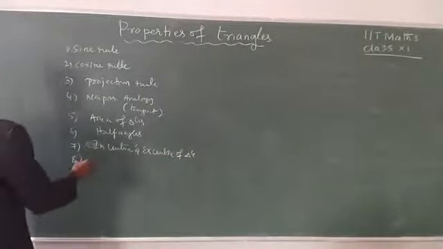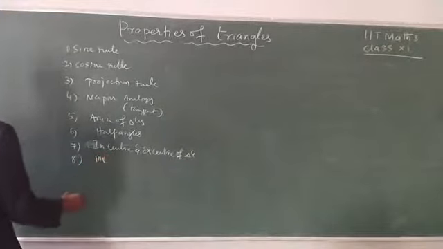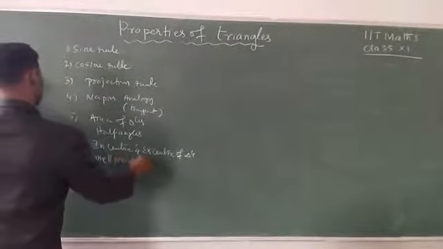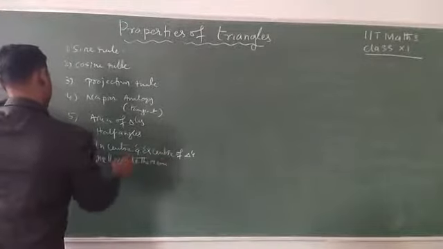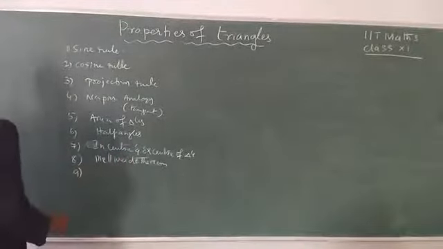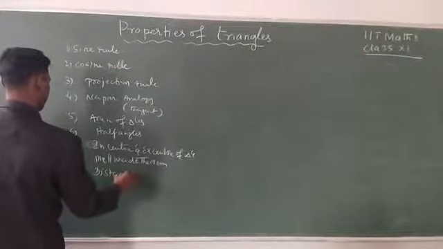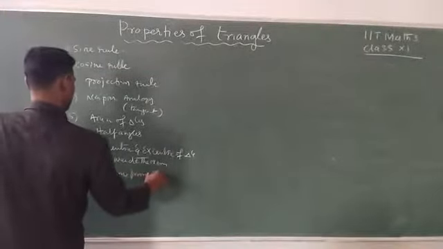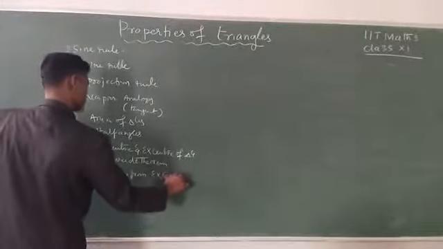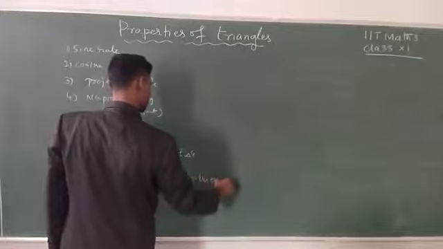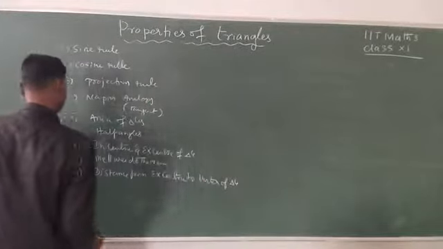Next one is Mollweide's theorem. Next, distance from the excenter to the vertex of triangle ABC.